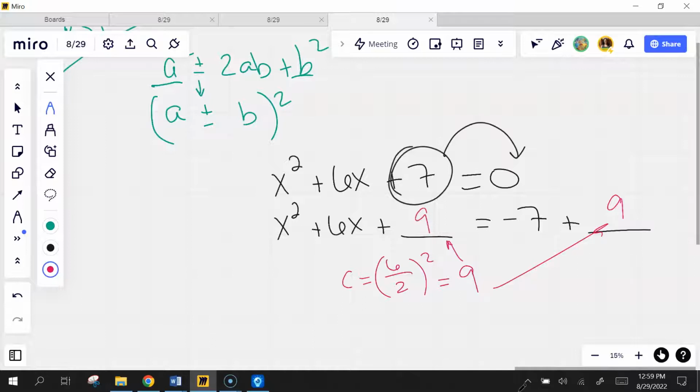So to find a good C, you take B, divide it by 2, and square it. That'll always make it square dance. Because it's an equation, I have to keep it balanced, right? If I add it to this side, I have to add it to this side.